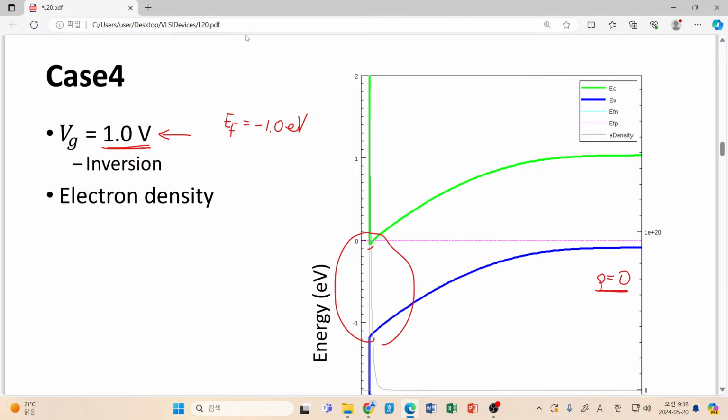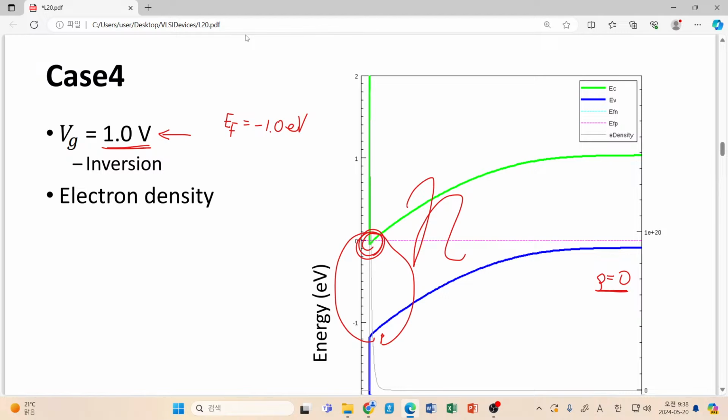Then in this part, how many electrons do you expect? You may expect that there are a lot of electrons. Then how many holes here? Since the energy difference is so high, we have almost no holes at all.